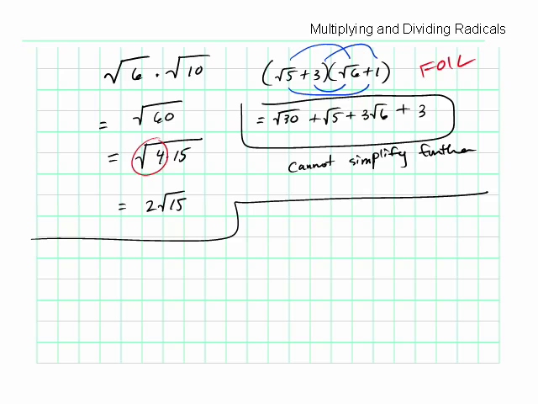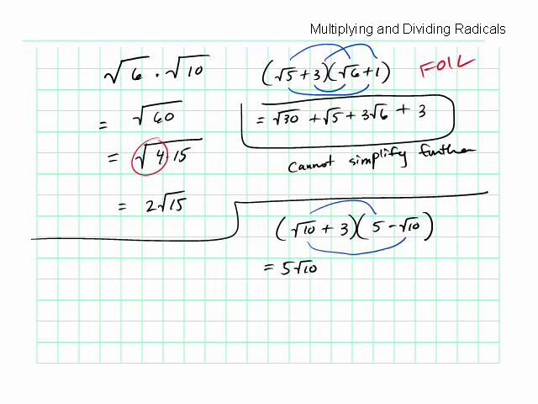Let's try another one like that. Square root 10 plus 3 times 5 minus square root 10. Okay, once again, I'm going to use the FOIL method. Let's see what we get here. The square root of 10 times a 5 is 5 square root 10.